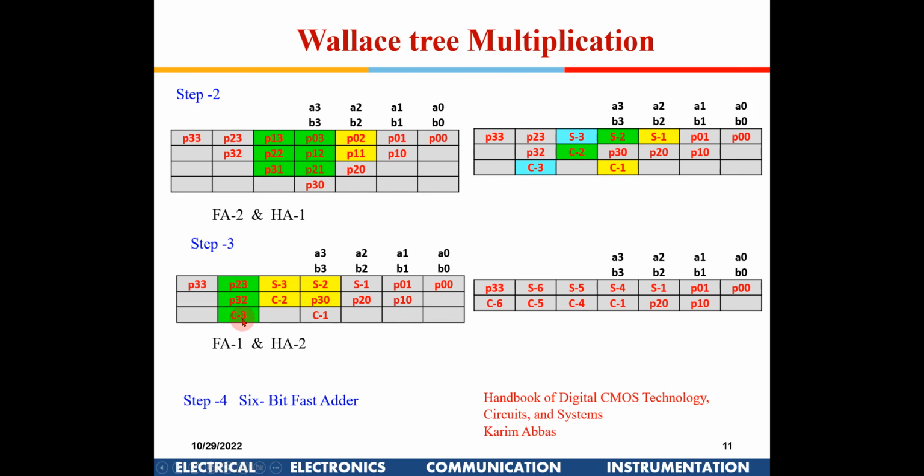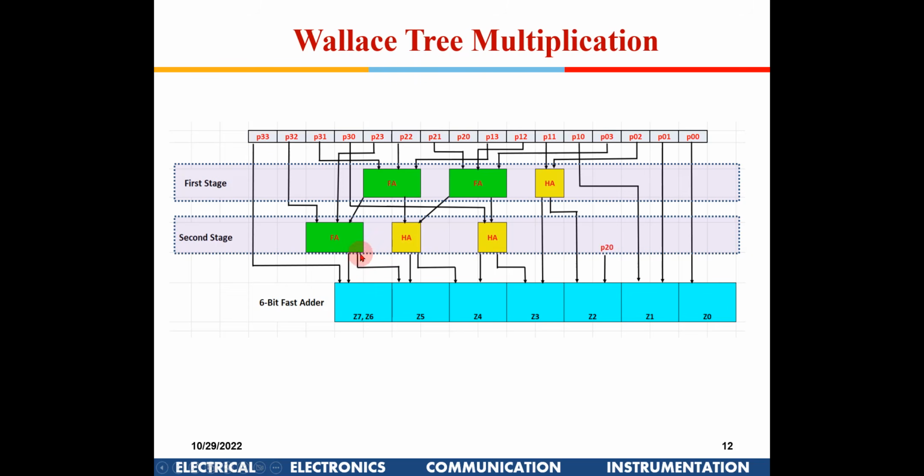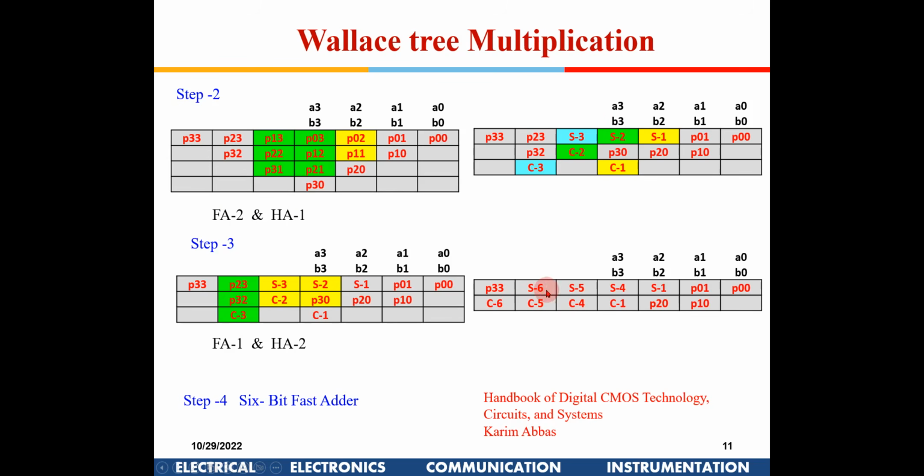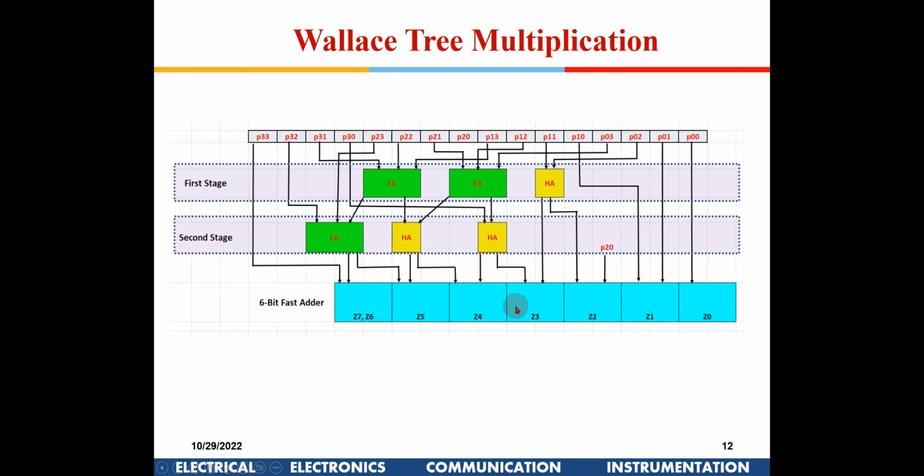In the second stage, I have 1 full adder and 2 half adders. And finally, I have a fast adder here, 6-bit. This is just a 6-bit fast adder which I am putting out here. Is it okay with all of you?